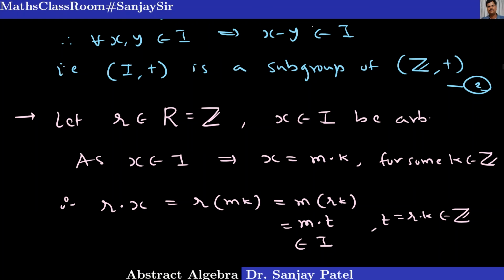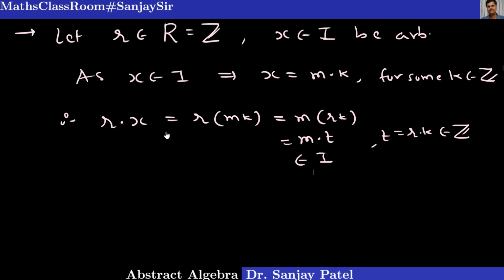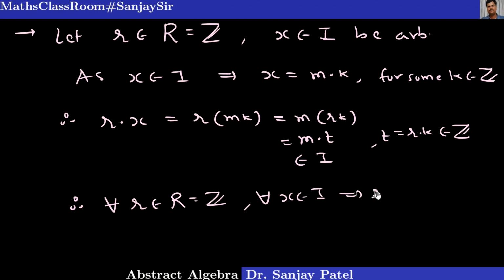So what have I proved? If x belongs to I and r belongs to R, that is Z, then r into x belongs to I. Thus, for every r belonging to capital R, that is Z, and for every x belonging to I, we have proved that r into x belongs to I. This is my third conclusion.